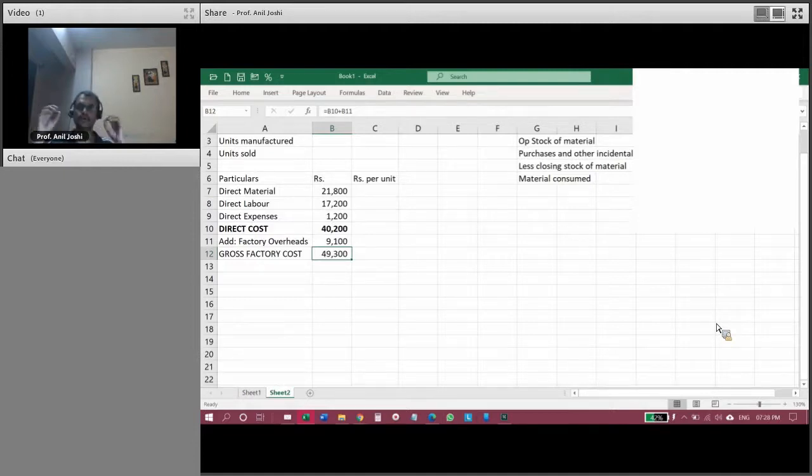So on this gross factory cost, what is the adjustment that we do, if you can tell me? Now in this, what we do is add, yeah, tell me.